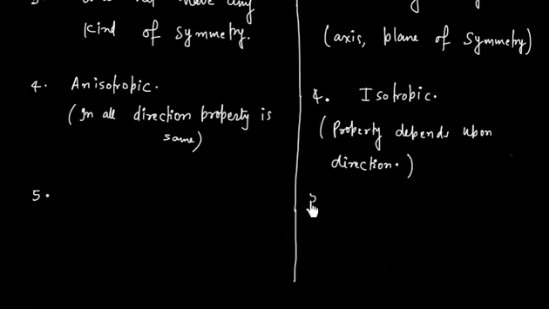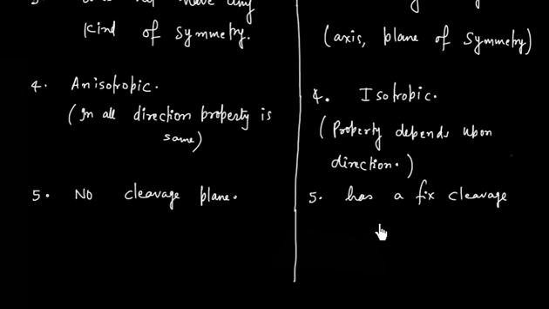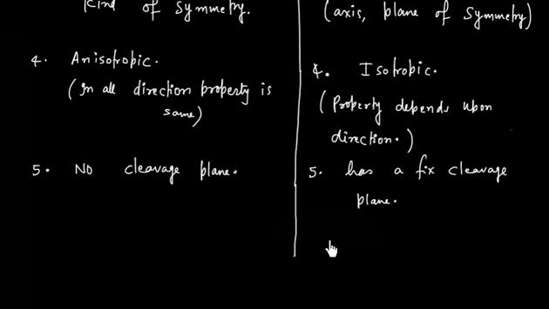Crystalline solid has a cleavage plane, like it can break only along certain planes, but amorphous solid has no fixed cleavage plane.